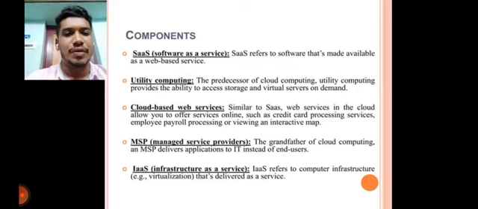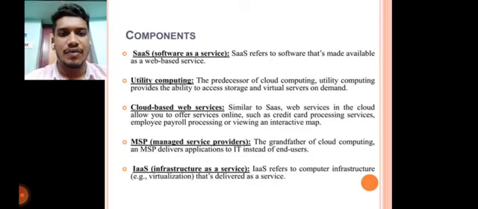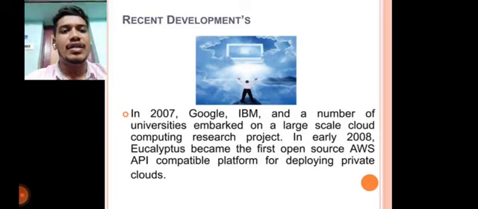Next one is MSP, Managed Services Provider. The grandfather of cloud computing, MSP delivers applications to IT instead of end users. Next one is IaaS, Infrastructure as a Service, which refers to computer infrastructure being delivered as a service. These are the components of cloud computing. And now the recent developments.